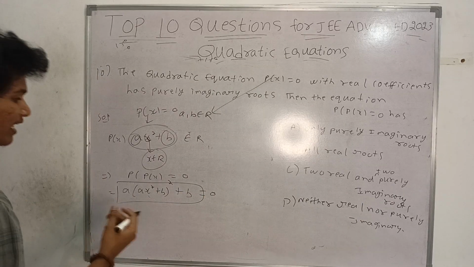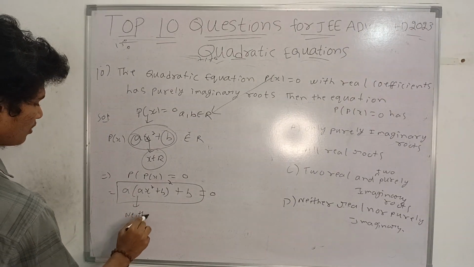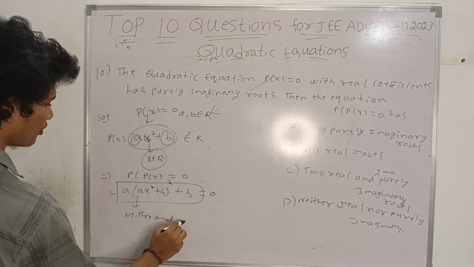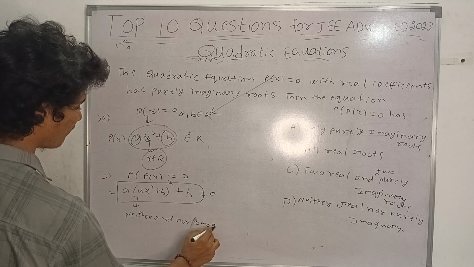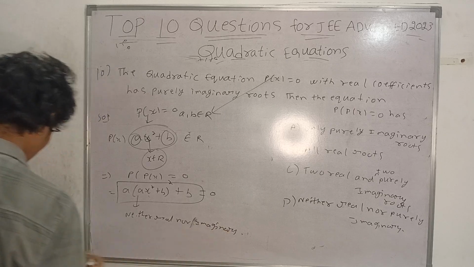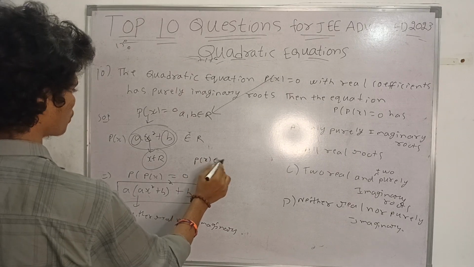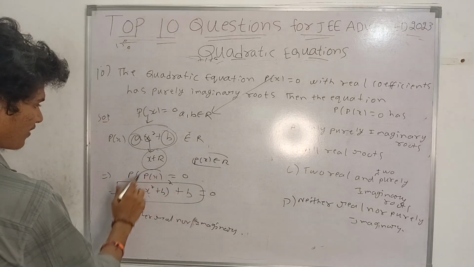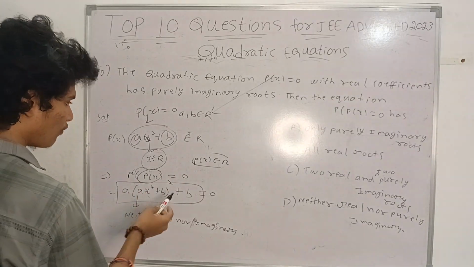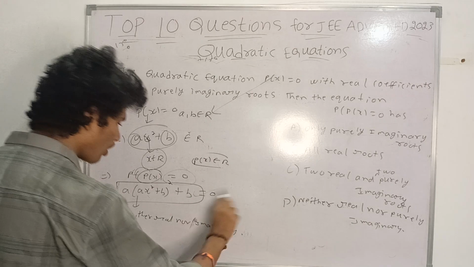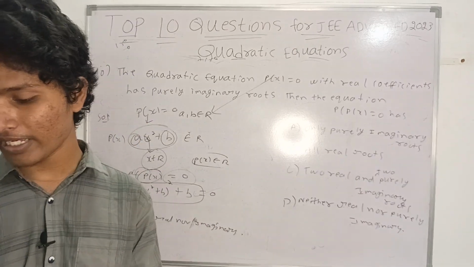These roots we cannot say. That is, these roots can be neither real nor imaginary. Why? The main reason here is this P of x belongs to R. When the P of x belongs to R and this is equal to 0 we are substituting, this equation cannot have any real roots or imaginary roots.